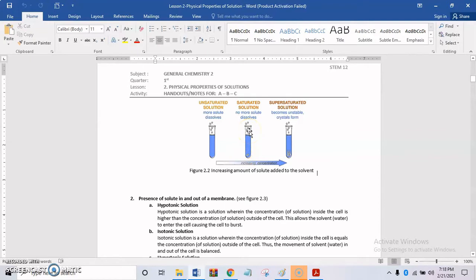So if you add more solute to that, your solution becomes supersaturated. The tendency is that the added solute will no longer dissolve in the solvent. The result is that it will crystallize at the bottom.